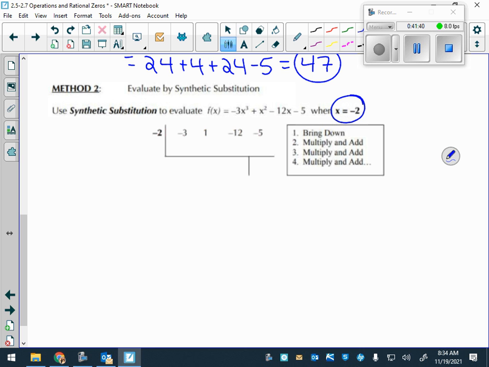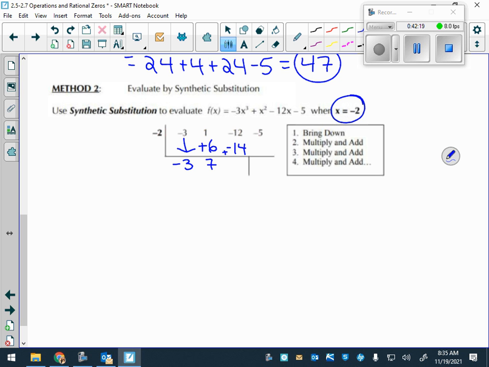The first process with this is to bring down your first term. So you bring down negative 3. Once you bring that down and cross that line, you now multiply. Negative 3 times negative 2 is what? 6. You bring it back in between. When it's in between, you now add. What's 1 plus 6? 7. Now we multiply. 7 times negative 2? Negative 14.